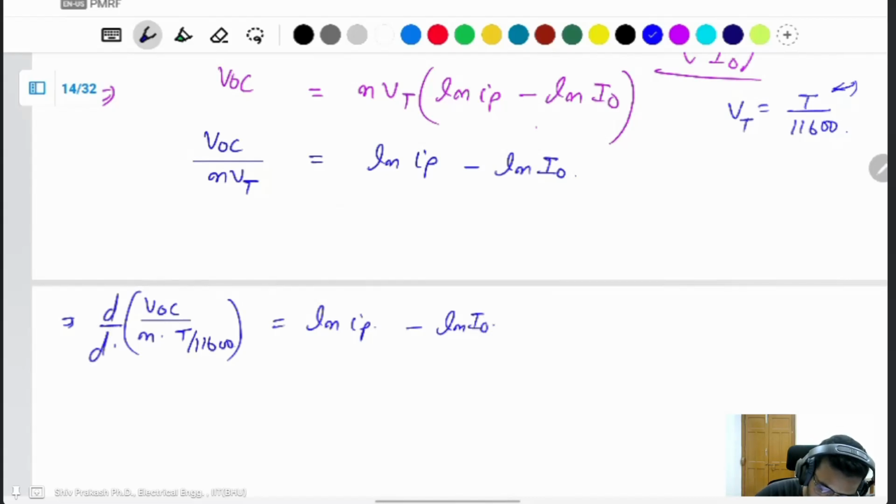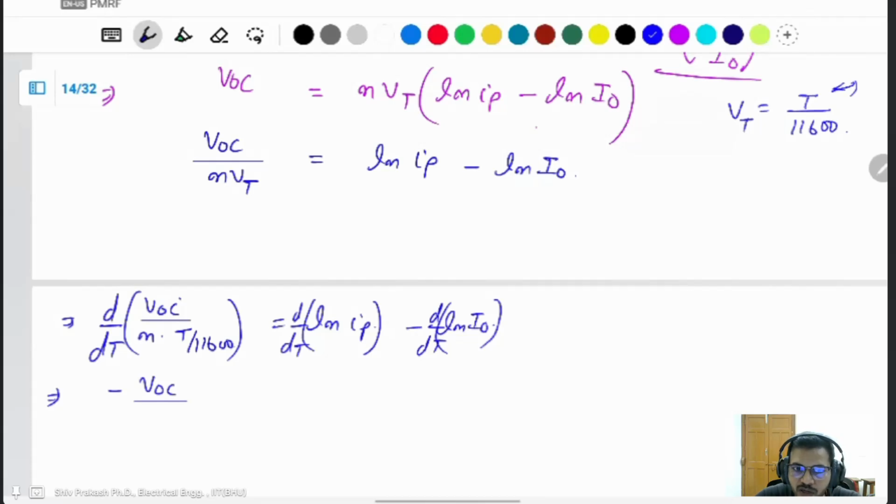Differentiate with respect to the temperature. If you differentiate this one, then what happened? It will be minus of VOC. There are two terms, VOC and T. VOC also varies with respect to T, and temperature is there also. Then it will be a product of two functions.